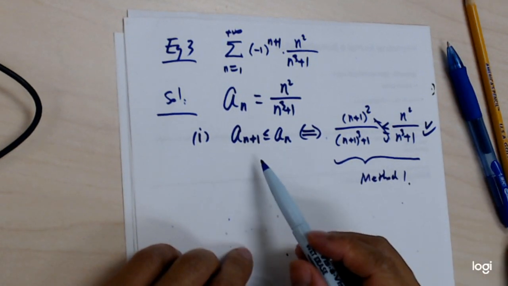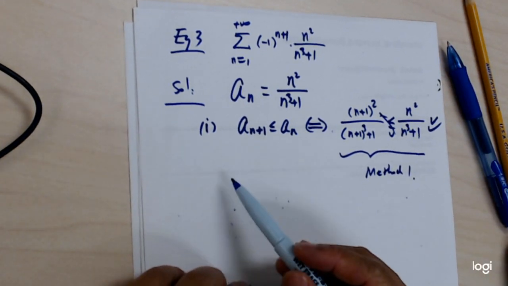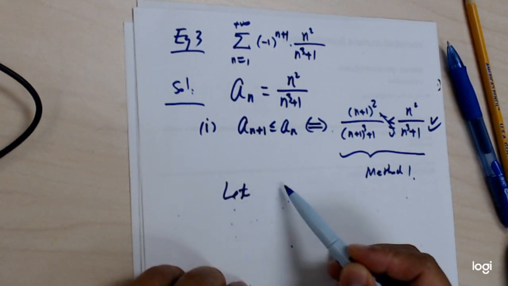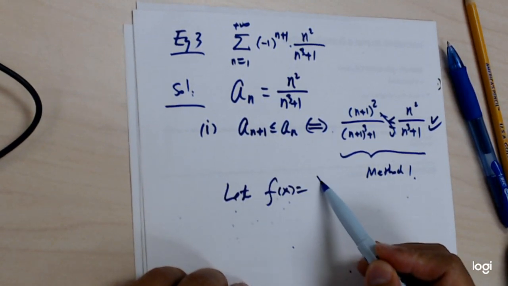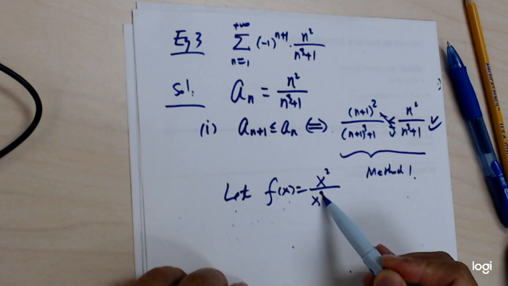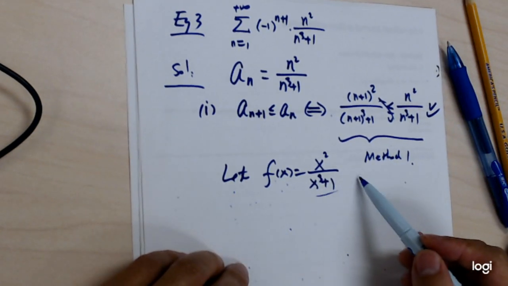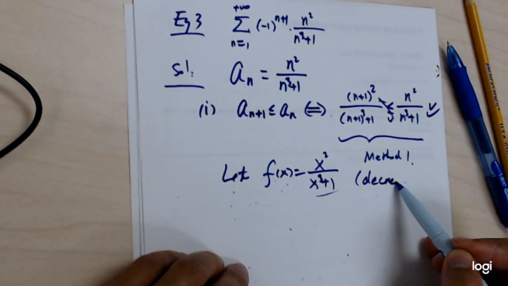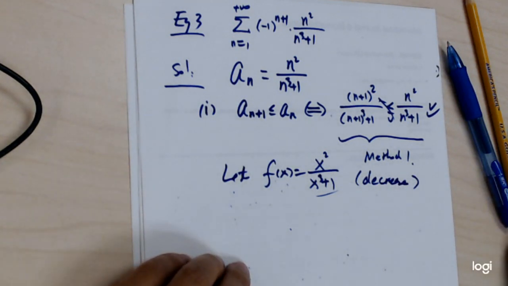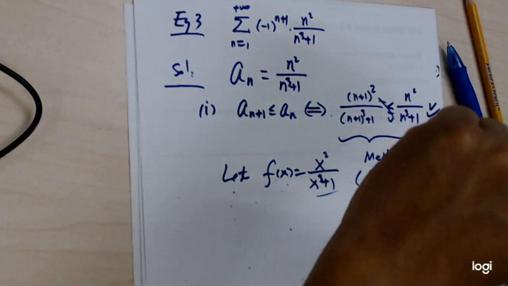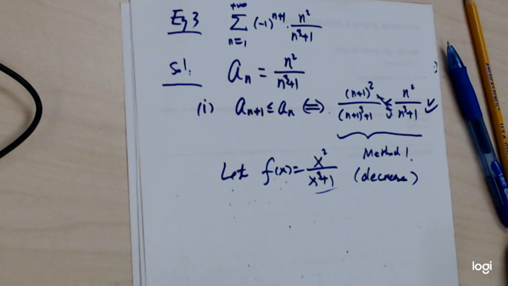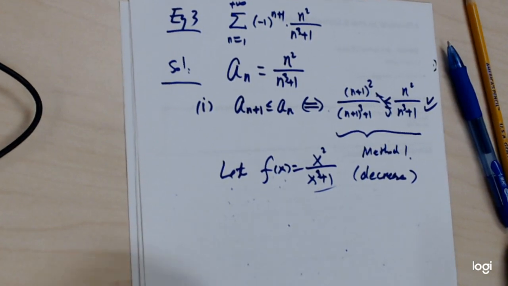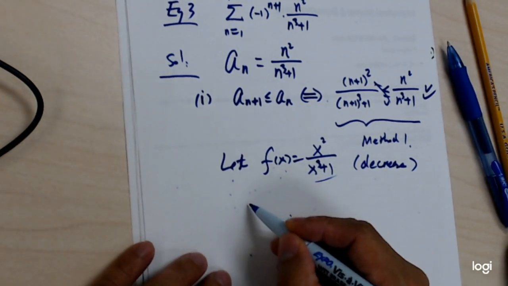Here I like to practice a different approach, which is to take the derivative of the associated function. I want to show this function is decreasing by taking its derivative. So let f of x be the associated function here. I'm going to calculate the derivative.